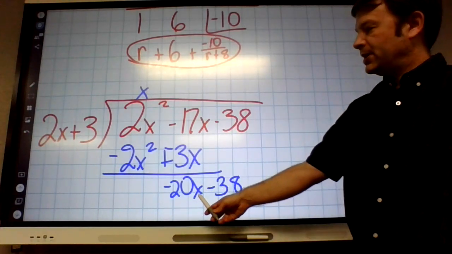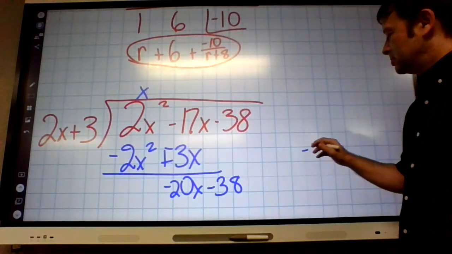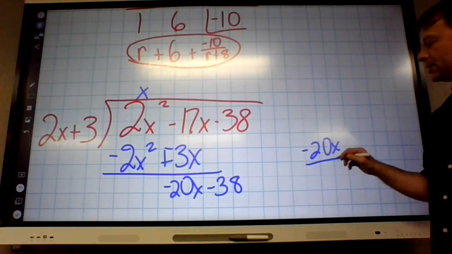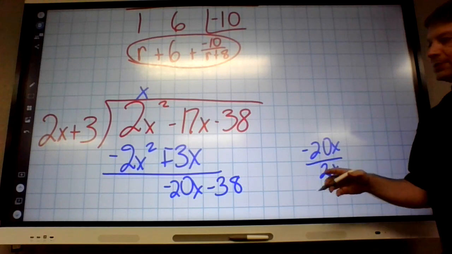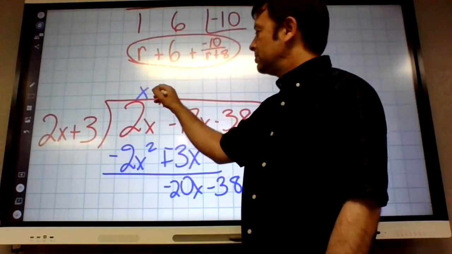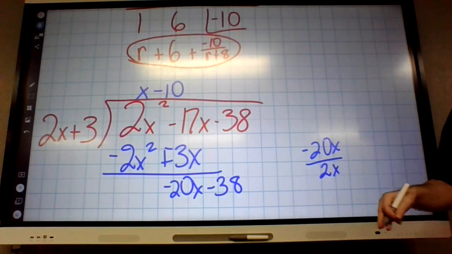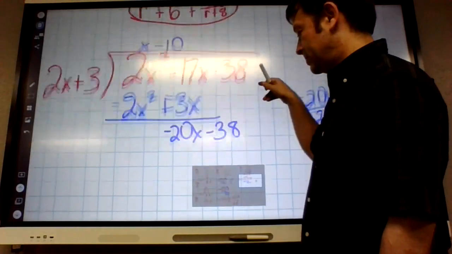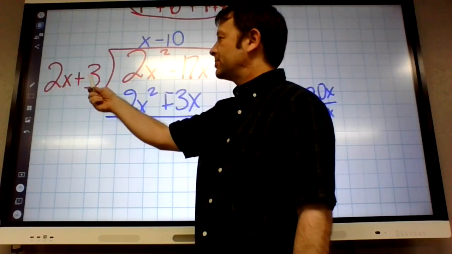What's -20x divided by 2x? -20x divided by 2x is -10. -10 times this is -20x minus 30.